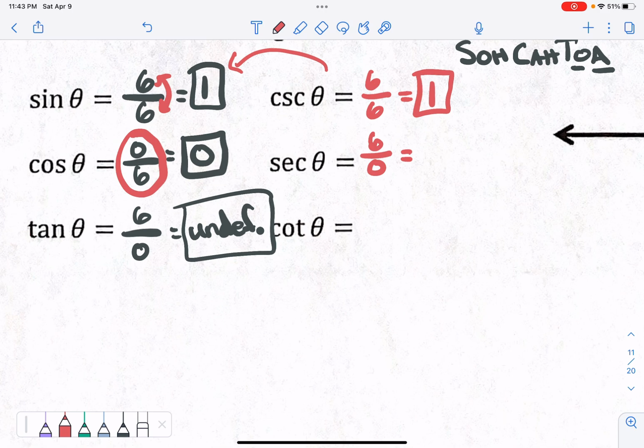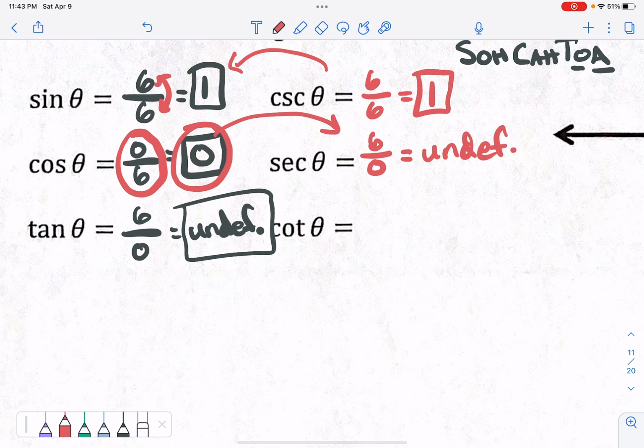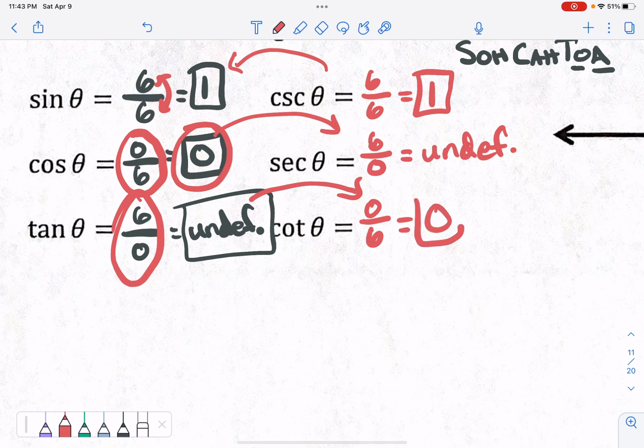The flip of 0 is actually going to be undefined because we're dividing by 0 in that case. Now, if we flip undefined, you can probably guess, 6 over 0 flipped is 0 over 6, and 0 divided by any number is 0. So when I take 0 and flip it, I get undefined. When I take undefined and flip it, I get 0. If I take 1 and flip it, I get 1.